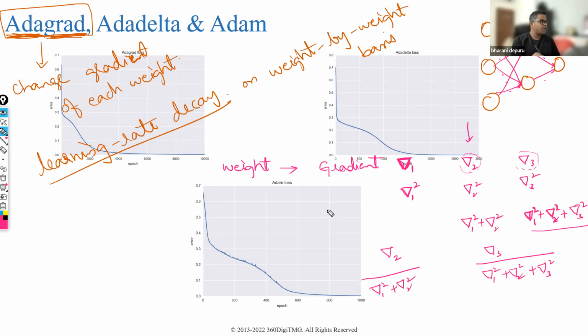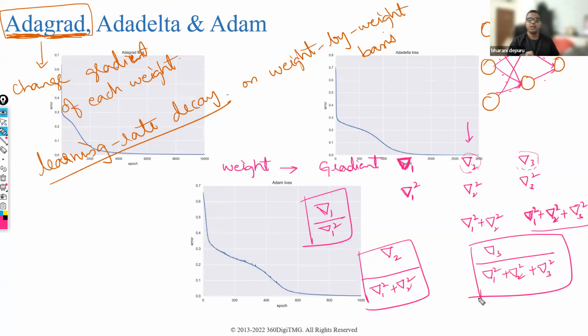And at this step, it will be divided by this running sum. And this value is ultimately used to update the weight.